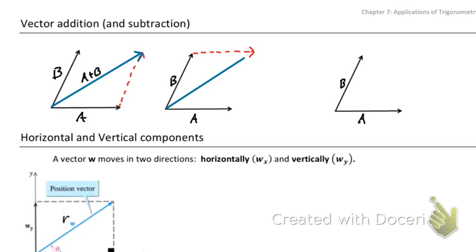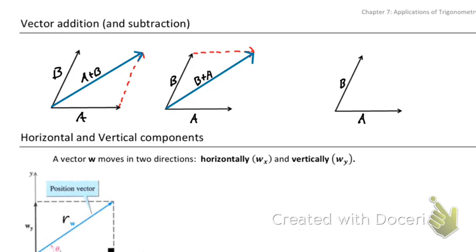And where that ends is where I'm going to draw my new vector. There it is. And this one's B plus A. So no matter which way I added it, I ended up drawing the same vector. It was just a different way to get to the exact same vector. But if I asked you what's A plus B and you just drew this, you're fine either way.